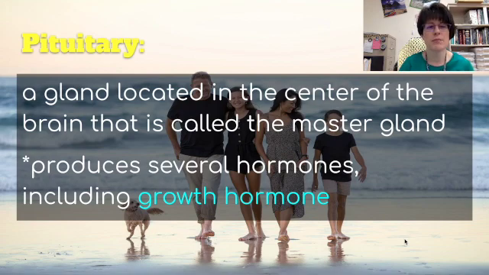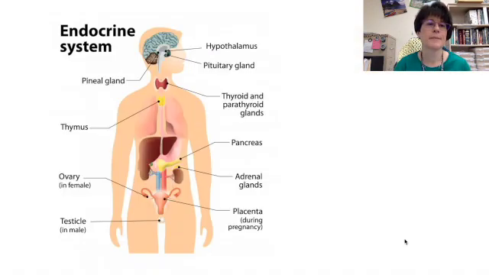In fact, she had high blood pressure in 5th grade, and she started to grow facial hair for no explained reason. And that's because she had this tumor in her pituitary gland that controls a lot of the other glands and controls many functions in your body. So the pituitary gland is right here in the brain.